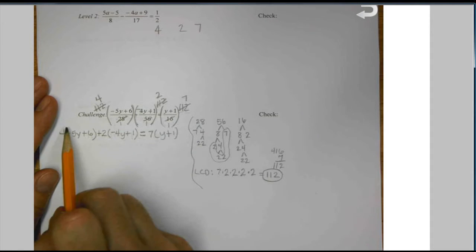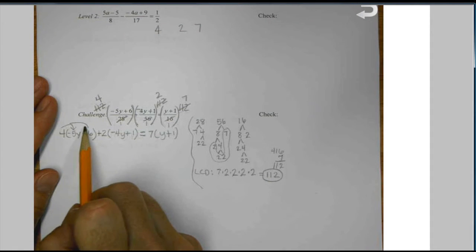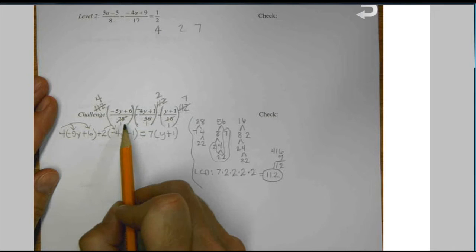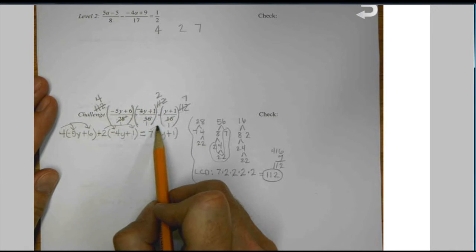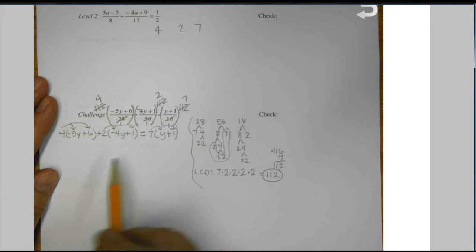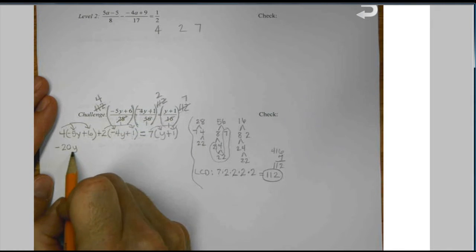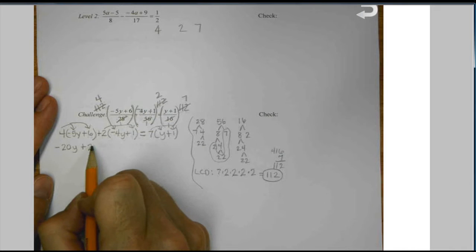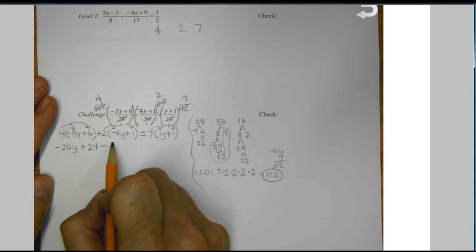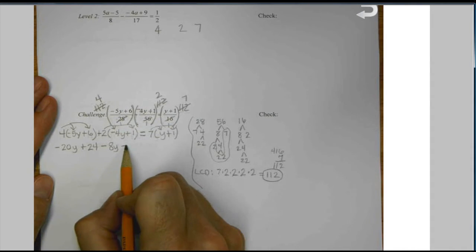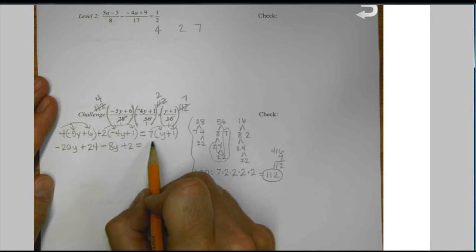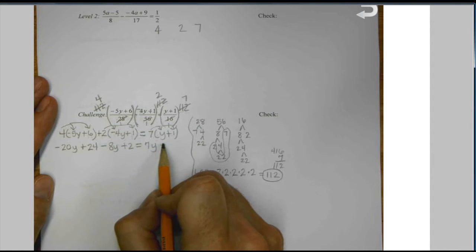Now I can distribute my 4 inside the parentheses, my 2 inside those parentheses, and the 7 inside the last set of parentheses, and I have negative 20y plus 24 minus 8y plus 2 equals 7y plus 7.